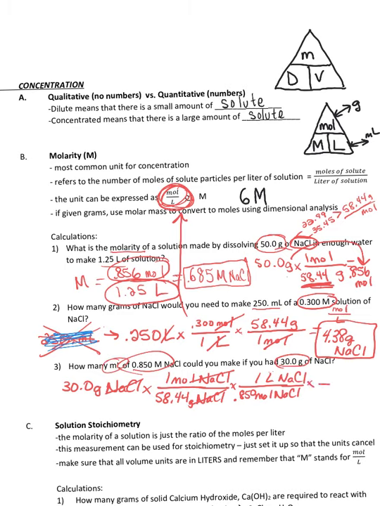So I know 1 liter is 1,000 milliliters. So I take 30 divided by 58.44 divided by 0.85 times 1,000. Again, anything on the top I multiply, anything on the bottom I divide. Checking my units, and my answer with 3 sig figs is 604 milliliters of NaCl.